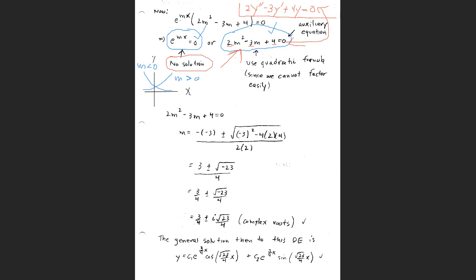I just wanted to show you where that auxiliary equation comes from. Now, this quadratic equation can't be factored, so we use the quadratic formula, and we end up getting complex roots.